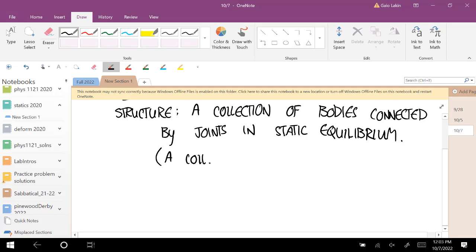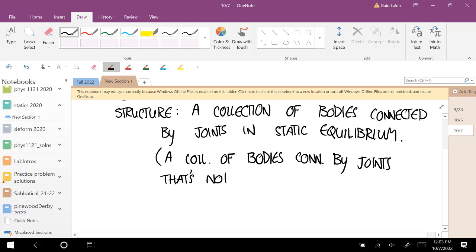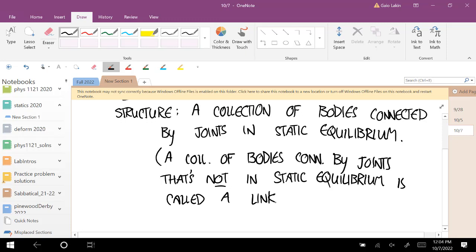A collection of bodies, connected by joints, that's not in static equilibrium is called a linkage. And as you can imagine, we don't talk about linkages in statics, but in dynamics, we'll talk about that.